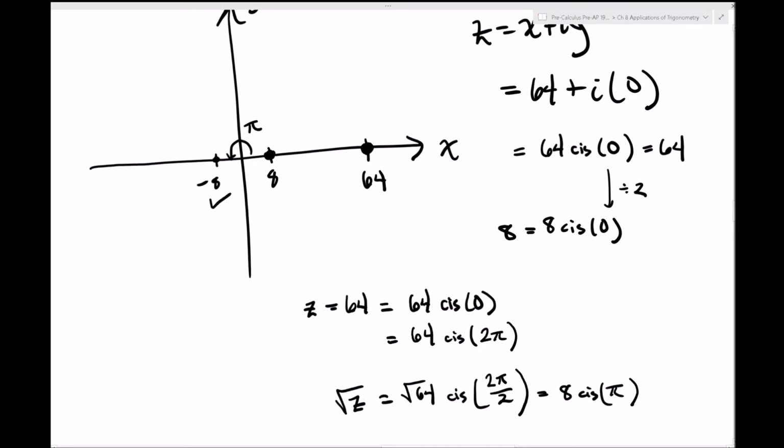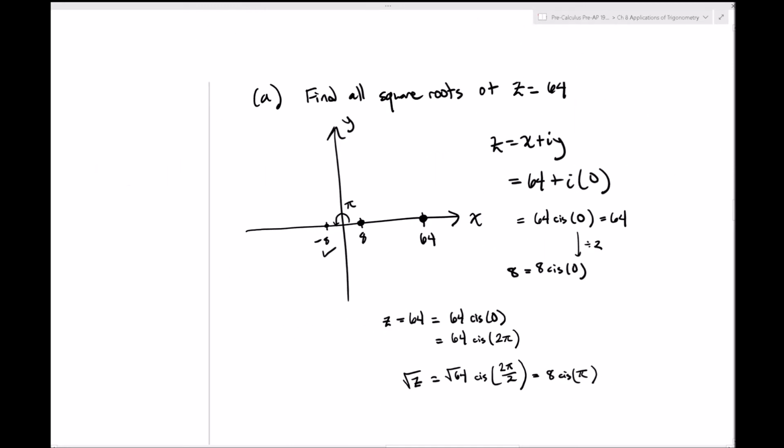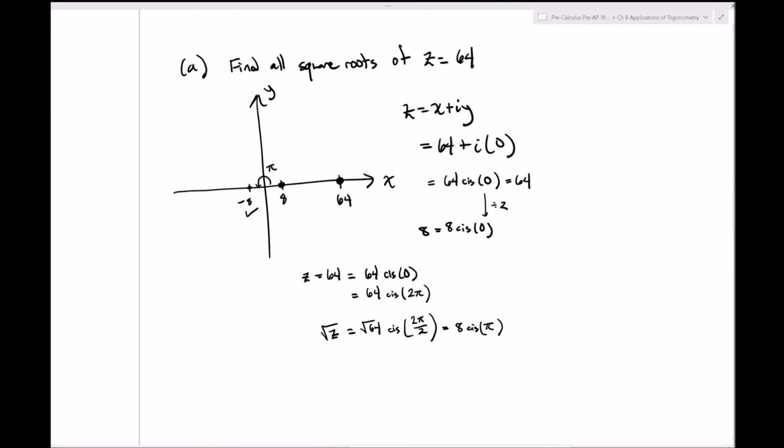So in this case, that's actually going to be the way that we're going to find all types of roots, not just square roots. We're going to rewrite the angle initially, so the first angle that we found. So we're going to do the procedure and find the first angle, first modulus, and then we're going to add 360 and then divide that by whatever the root value is, and do that over and over until I find all of them. So in this case, we had a square root. We're only finding 2.